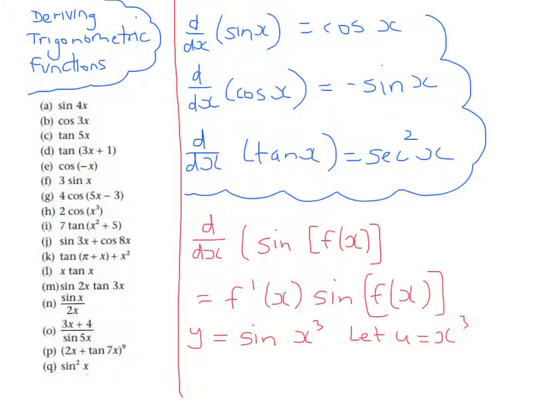Okay, so now we've got y equals sine u, and what we're trying to find is dy dx. At the moment we've got y equals sine u. We don't have any x's in there, so we need some way to link the y with the x.